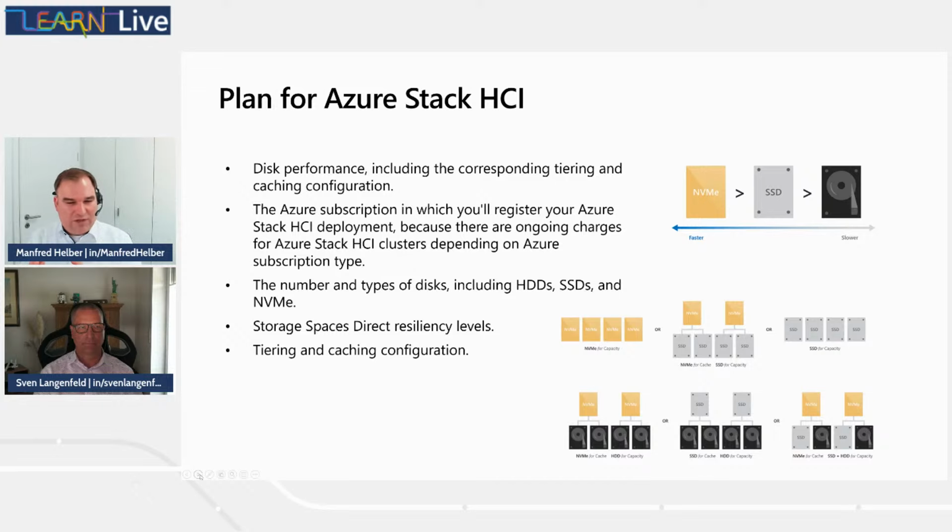The technology in Azure Stack HCI, Storage Spaces Direct, decides automatically based on the drive type, which drives are used for cache and which drives are used for capacity for storing the data. So if we are using, for example, NVMEs and SSDs, the NVMEs will be used for cache and the SSDs for capacity. If we're using SSDs and hard disk drives, then the SSDs will be used for cache and the hard disk drives for capacity.